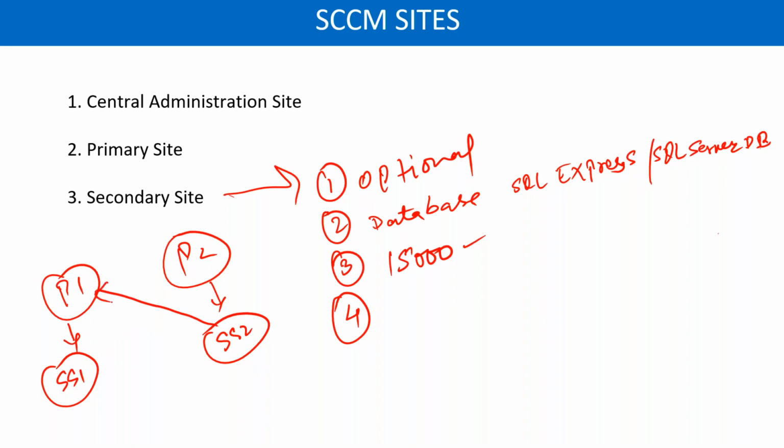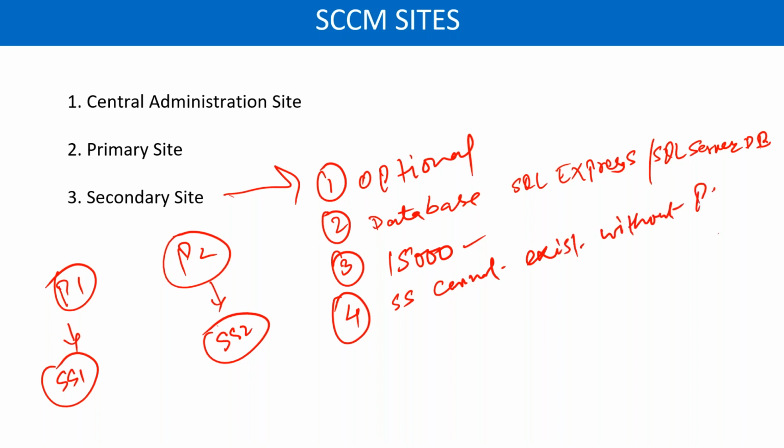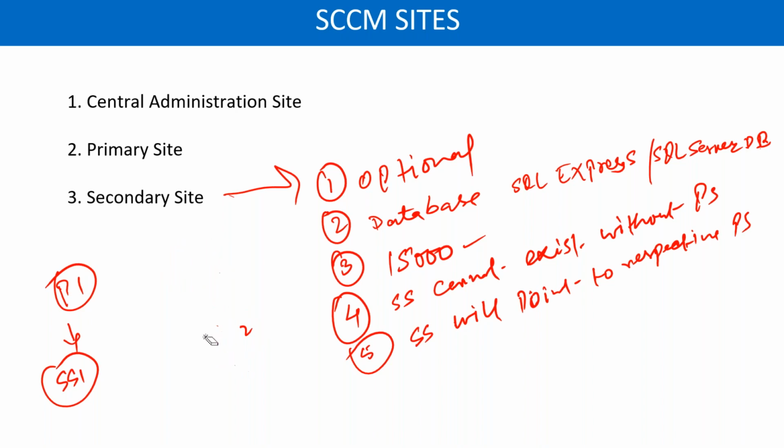So a secondary site cannot exist without a primary site. A secondary site will always point to its respective primary site. You can't change the primary site. Clear, everyone? Yes.